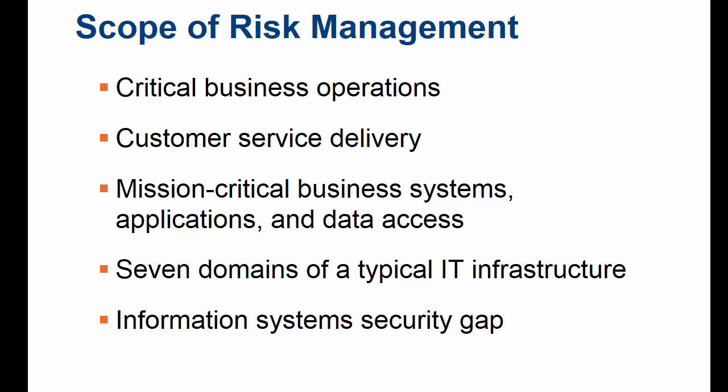So, basically in chapter 10, let me back up a step. In figure 10.4 in your textbook, I think it's page 259, it shows basically the 7 domains of a typical IT infrastructure. It's the same picture as you saw in the first chapter.